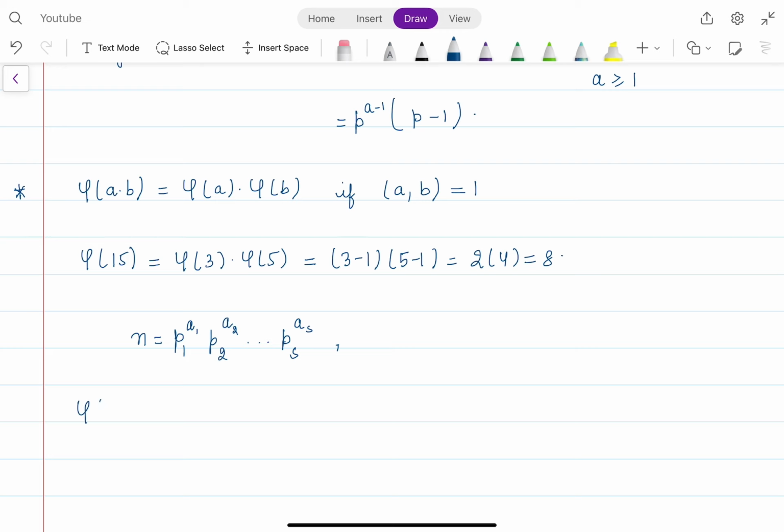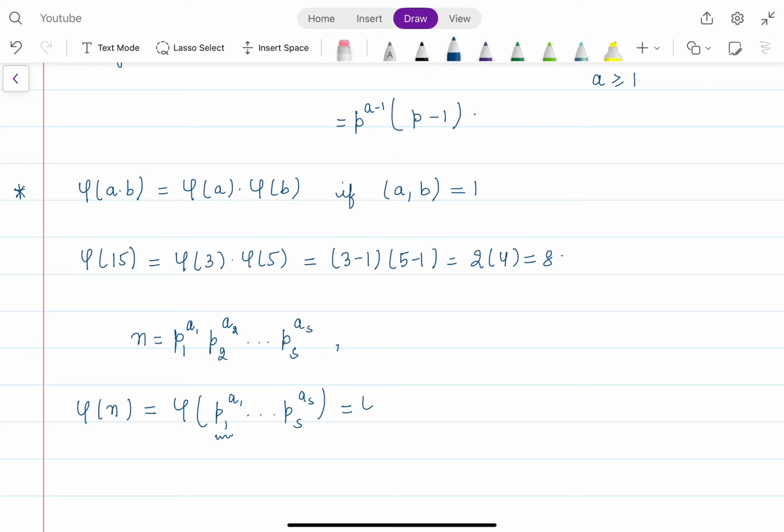Then phi n will be same as phi of P1 raised to A1 and so on up to Ps raised to As. Now this number and this second number P2 raised to power A2, these are coprime. Similarly, P2 raised to power A2 and P3 raised to power A3, these are coprime.